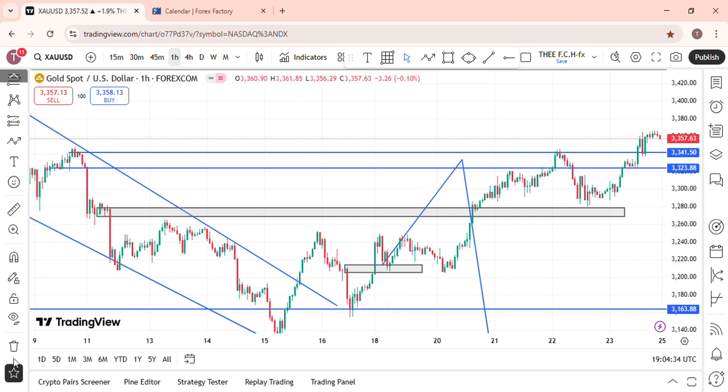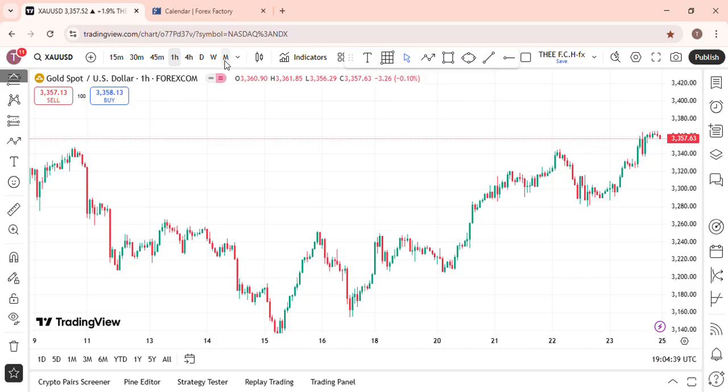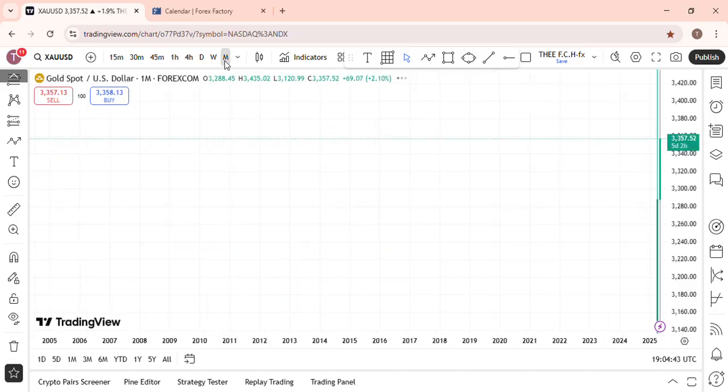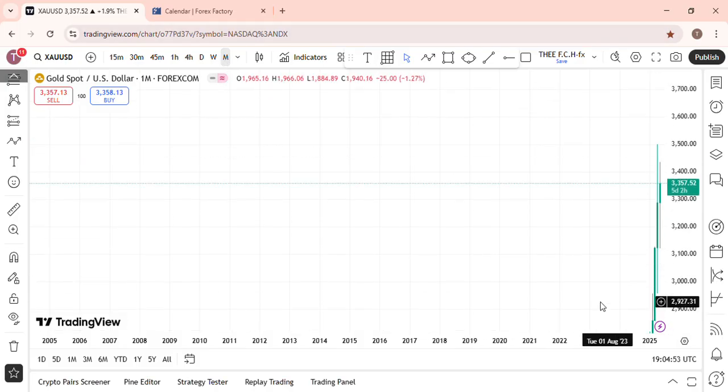So we can have a fresh analysis and see what the market can give us in this coming week.